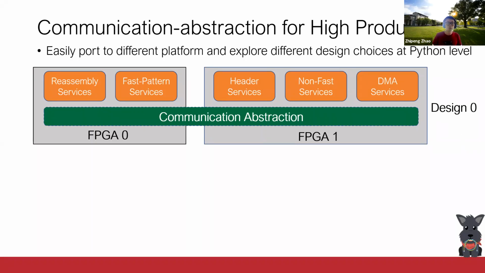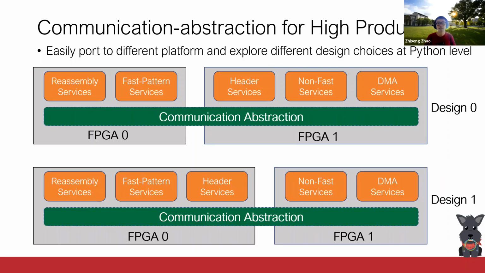With a common communication abstraction, users don't have to change any RTL code, and all of the processing services stay the same. So users only need to tweak the recomposition at the Python level in order to map a Pigasus design from monolithic FPGA to this multi-FPGA setting.